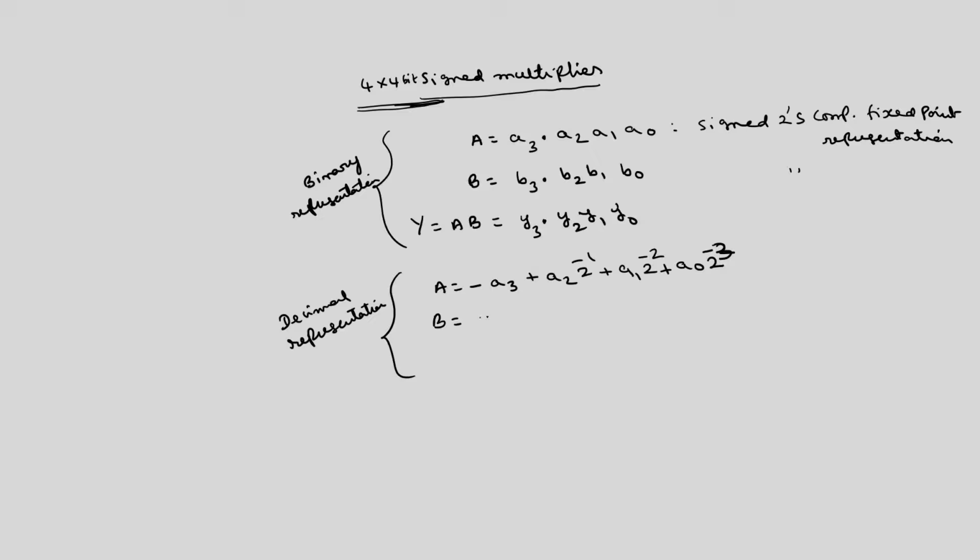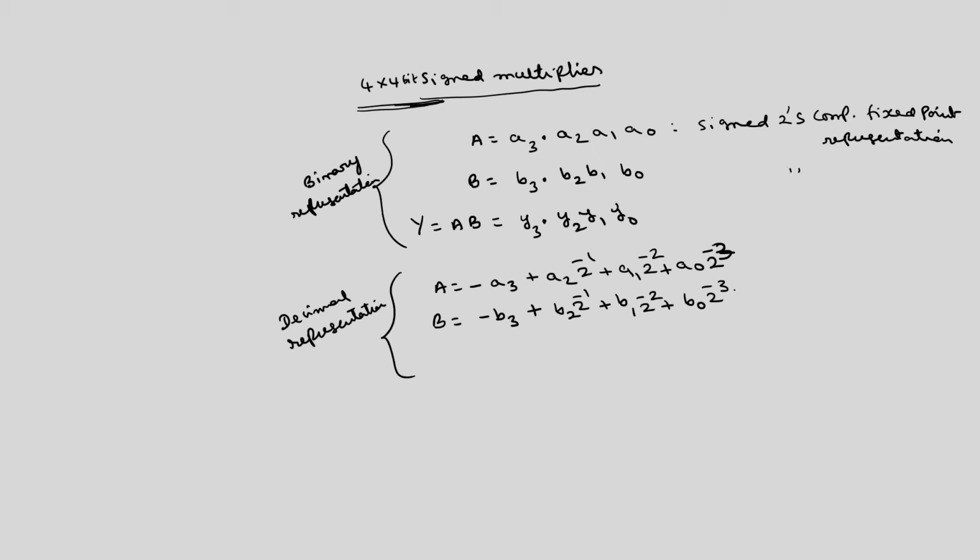B is minus B3, the sign bit, plus B2 2 raised to the power of minus 1 plus B1 2 raised to the power of minus 2 plus B0 2 raised to the power of minus 3. Okay.